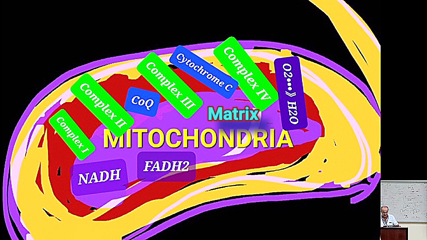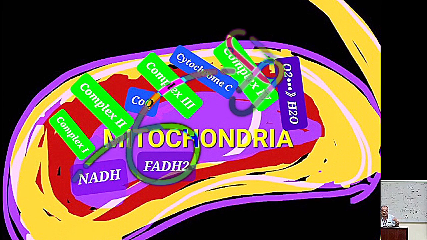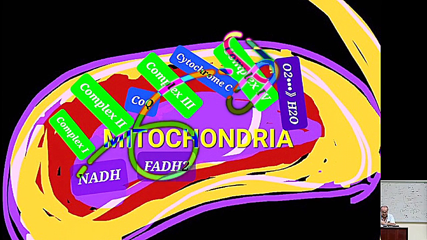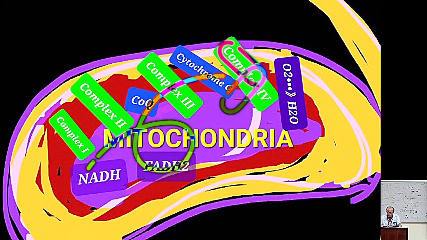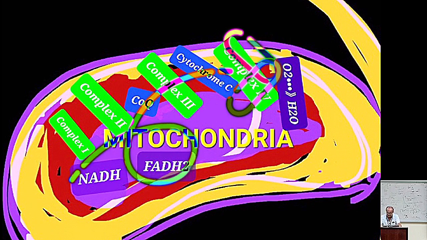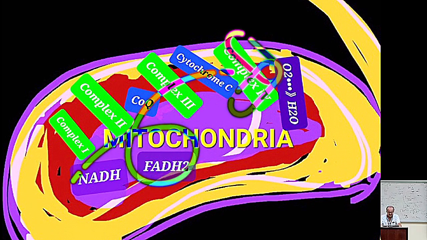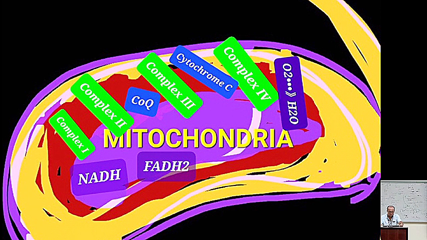So the second important thing is you want to know the flow of electrons through the electron transport chain. I'll go through it briefly here, because we're going to cover it in more detail in the upcoming slides. But the first thing I want you to see is if you have NADH here in the matrix, it will have direct access to this first complex.